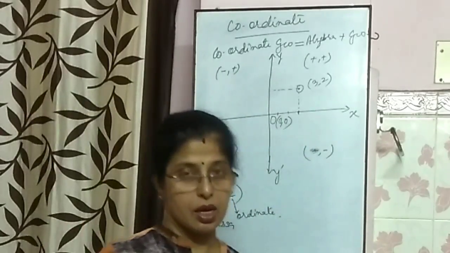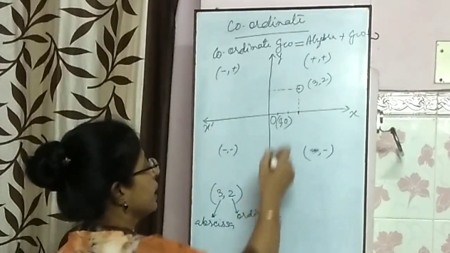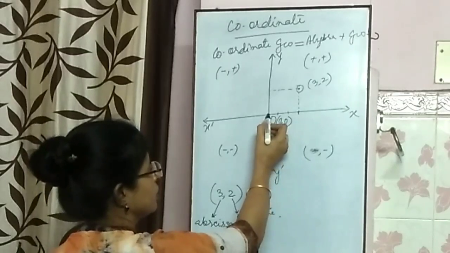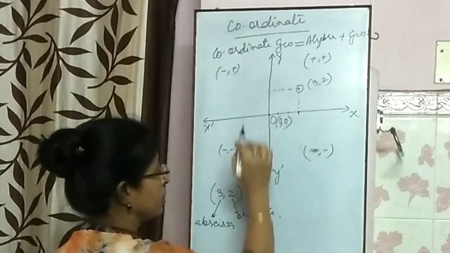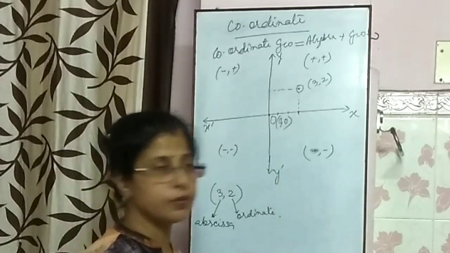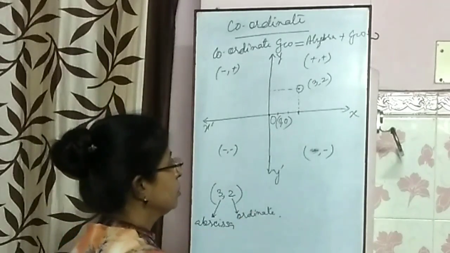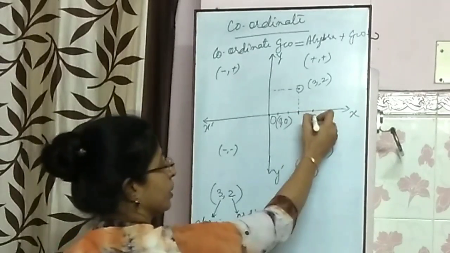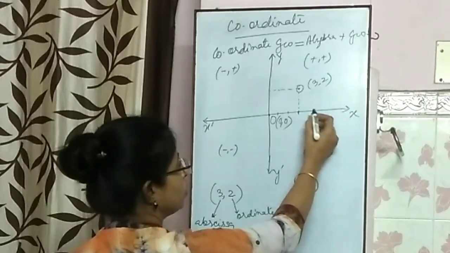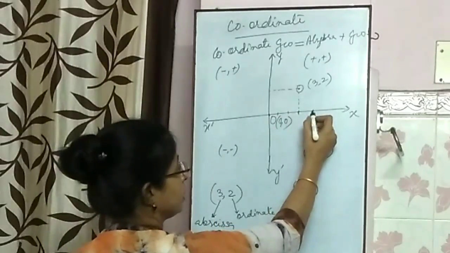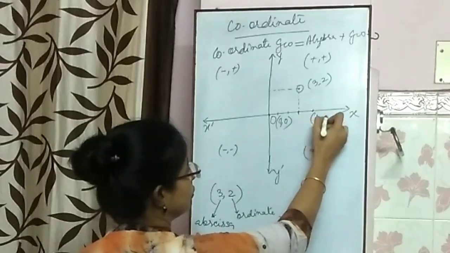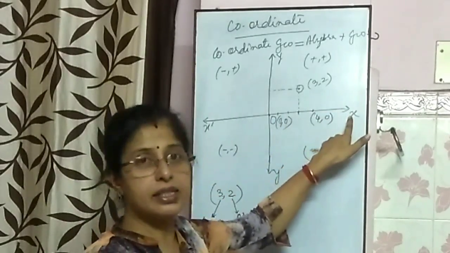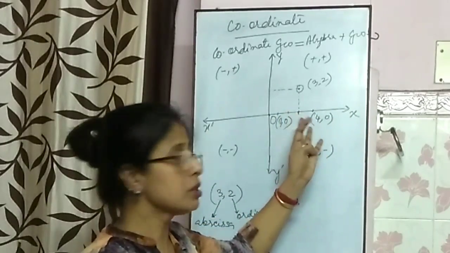Now these are the silly questions. They come as very simple and easy questions. Sometimes you may be asked to write the coordinates of the origin. These are 0, 0. If you take any point on the x-axis, then all the values of y will be 0. Say here it is till 3 and so on, because this point is lying on the x-axis, so y comes 0.